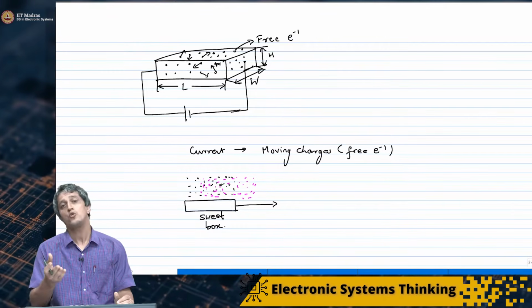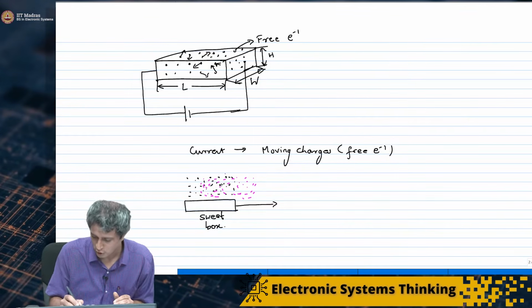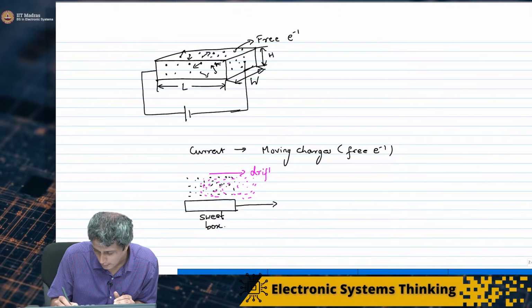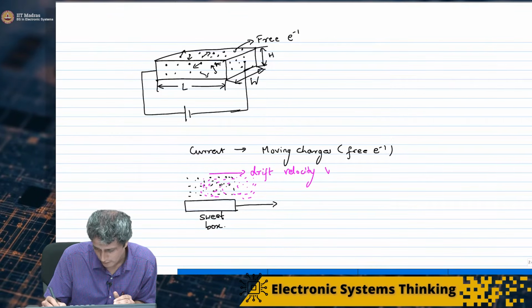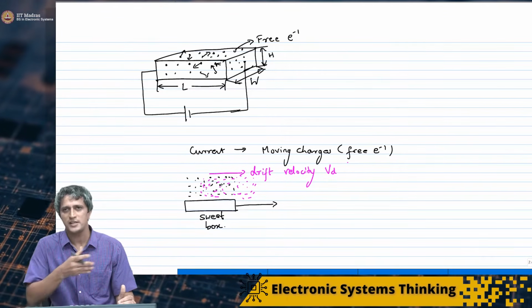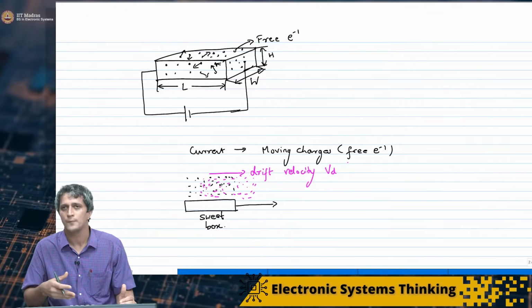However, they continue to move in that random direction while drifting, right? So this is what we mean by a drift velocity, Vd, which is essentially a velocity that these charged particles gain because of the applied potential or the electric field.